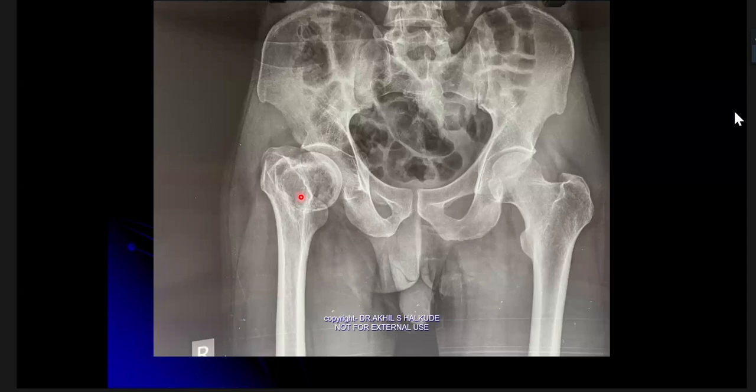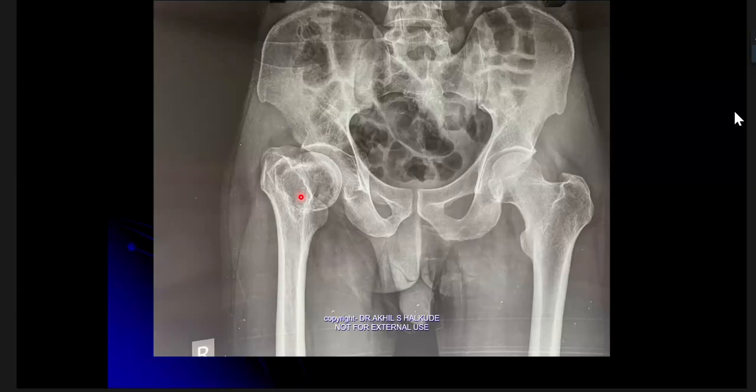Usually those involve the metaphysis and do not reach the articular surface, but that is not a hard and fast rule. A wide zone of transition, excess destruction and associated soft tissue are the rules for metastasis.